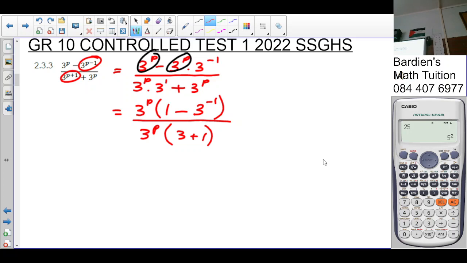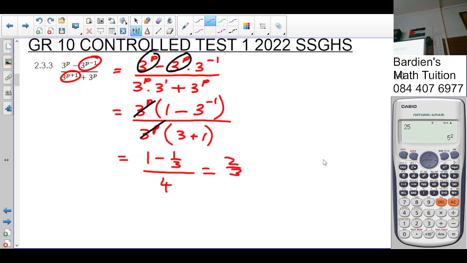okay. Now what? 3 to the p's cancel. That's all. So it's going to be 1 minus 1 over 3. And what's 3 plus 1? Well done. Okay. So what is 1 minus a third? 2/3.